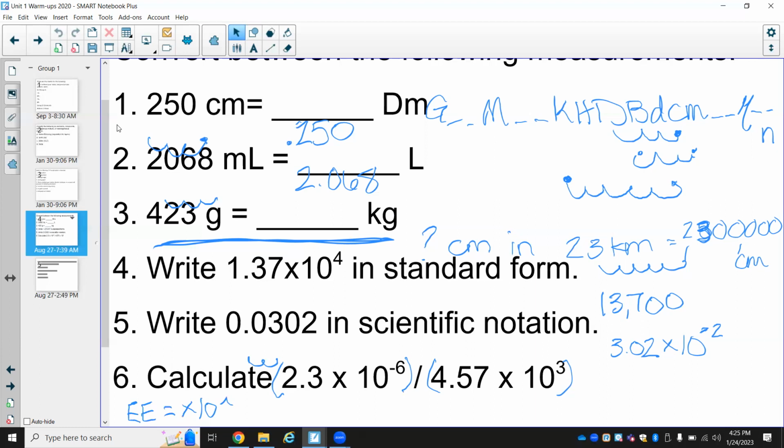So if you don't want to type the full numbers and use parentheses, you can type the coefficient, the 2.3, hit the second EE button, and it pops up a single E on your screen. And then all you have to type is the exponent, so the -6.